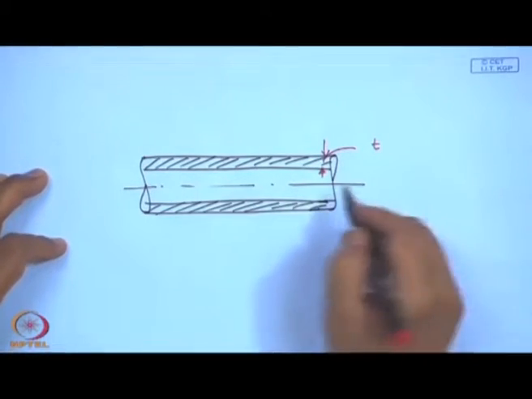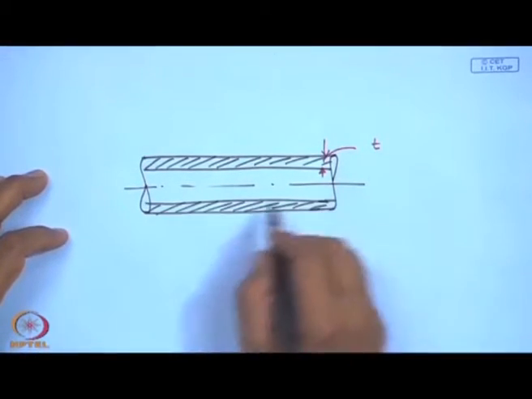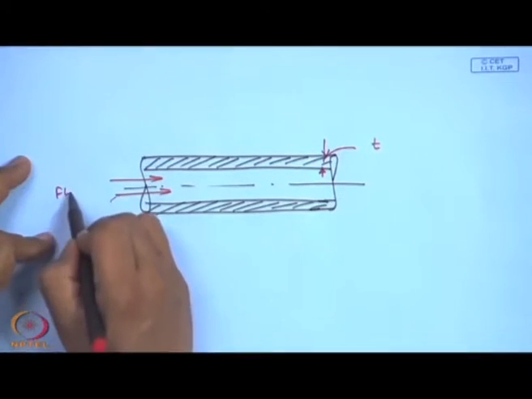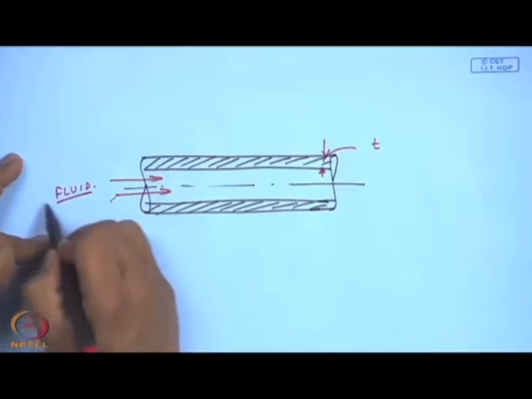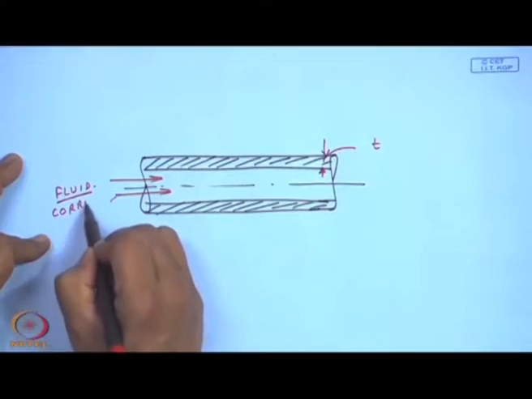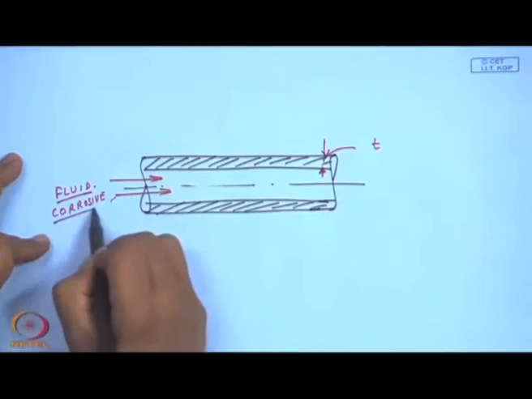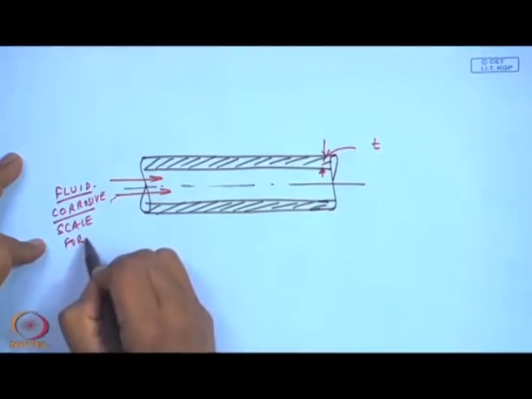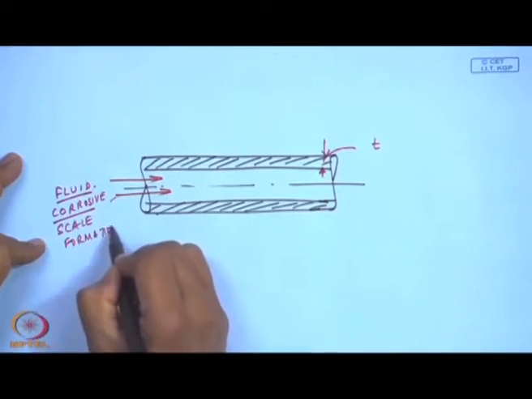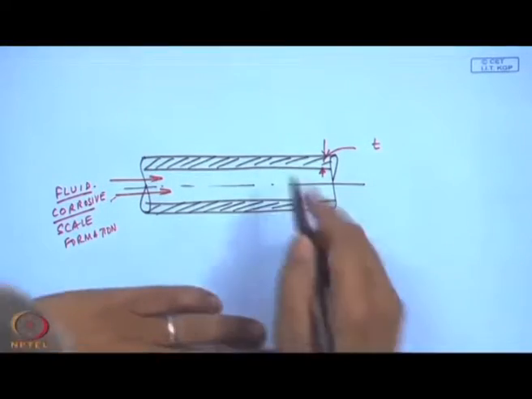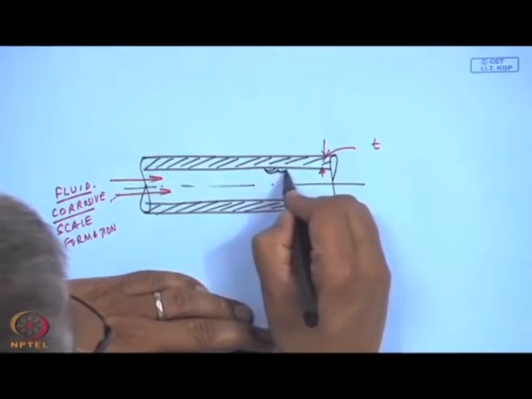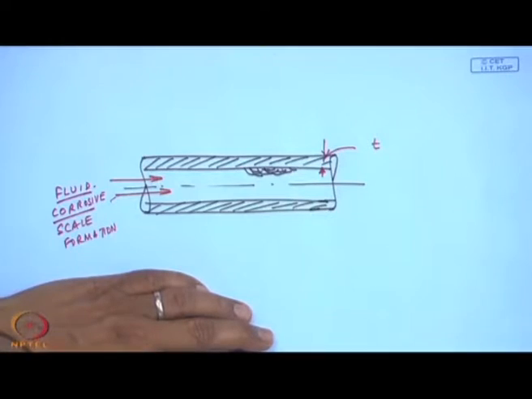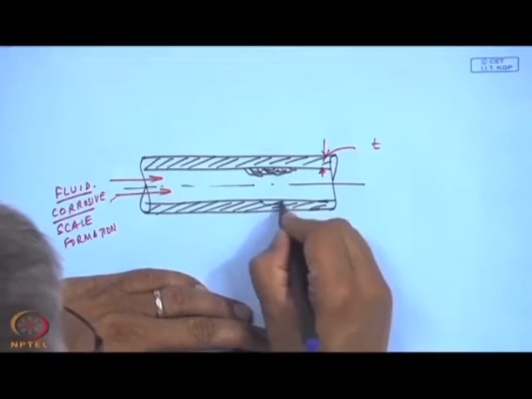Now, this could be carrying some fluids in a plant, which could be corrosive, or otherwise there could be scale formation because of impurities. So, what would happen over time? Either material would get deposited or material would get depleted because of corrosion.